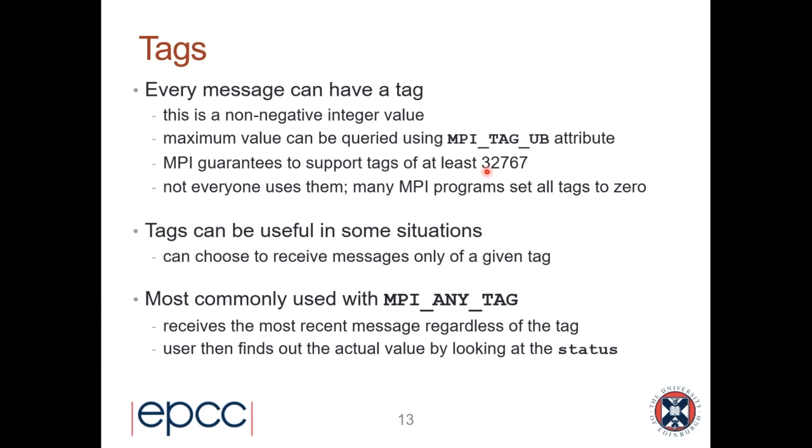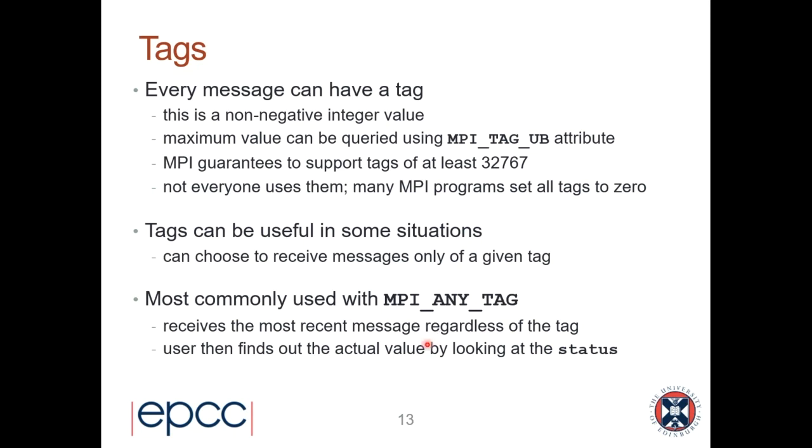Some implementations allow tag values up to 2 to the 32 minus 1, 2 billion. The main thing is they cannot be arbitrarily large. There is a way of finding out how big they can be, but you shouldn't assume they can be arbitrarily large.